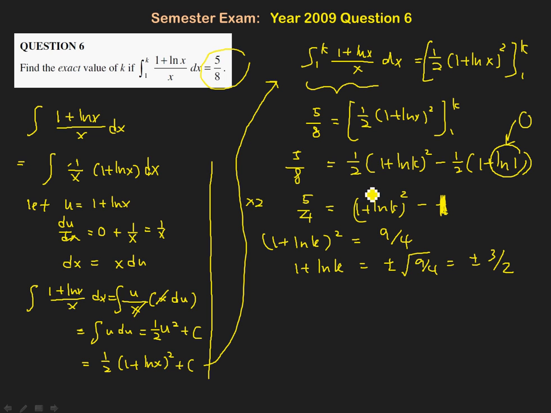And finally you have a situation like this. You will have 1 plus ln k equal to the positive of 3 over 2, or 1 plus ln k equal to the negative of 3 over 2, and you end up with ln k equal to a half for this side.